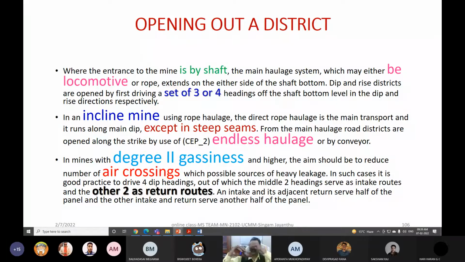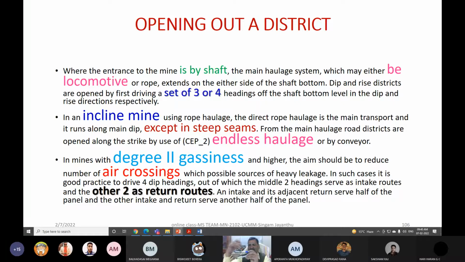Now when you are entering the mine, and then in seam development, I can have 2 roadways like this. If I have 2 roadways, then there will be 1 row of pillars. Instead of 2, I can even have 3 roadways or 4 roadways. In that case, if I have 3 roadways, I will have 2 rows of pillars.